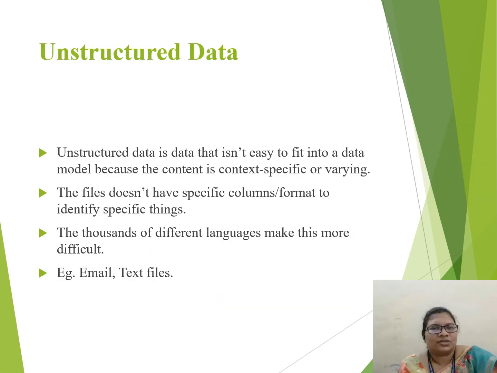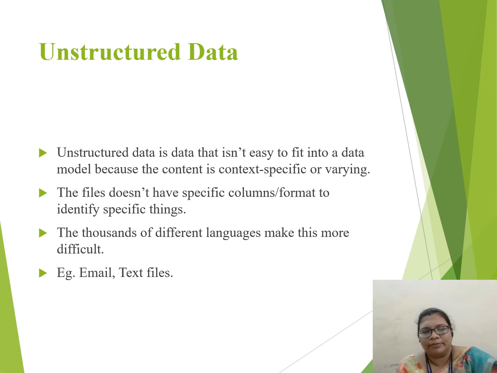Next is unstructured data. Unstructured data is not easy to fit into a data model. It does not have a specific fixed field where data should be stored. There is no structure; it is in an unstructured format. The files do not have specific columns or formats to identify specific things. Different languages make this more difficult.